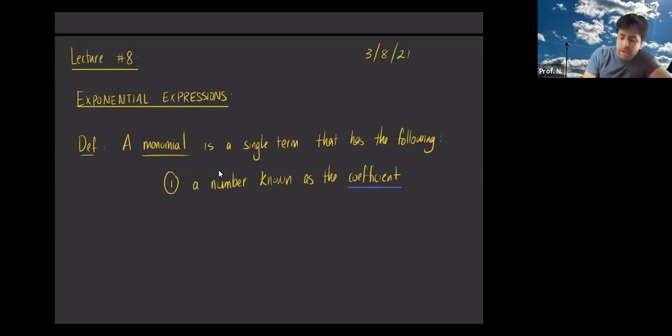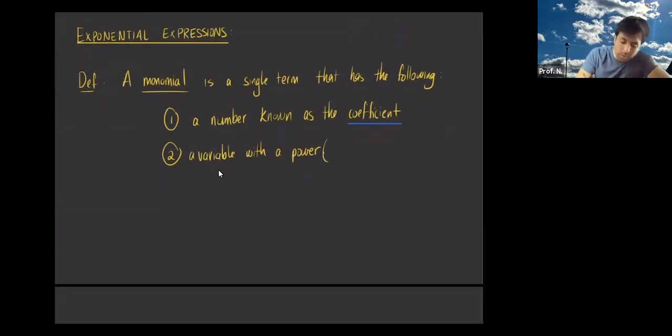So this number that we're considering, we'll call it the coefficient. And the second thing is that it has a variable with a power, also known as an exponent.